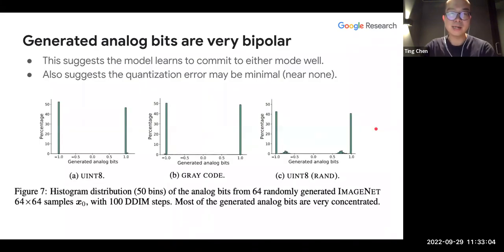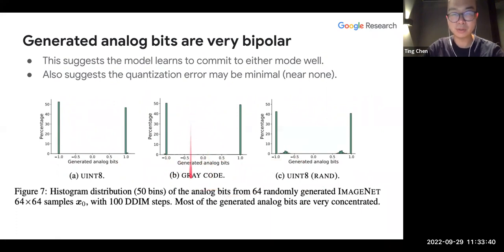Another thing, you can take these generated analog bits and ask, are they in the middle? Because we have analog bits, the data can be made -1 and 1. Now for the generated data, is it going to be very close to -1 and 1, or is there something in between? As you can see here, for 3 different discrete encodings for the pixels, they all generate analog bits before thresholding. After thresholding it is either 0 or 1.